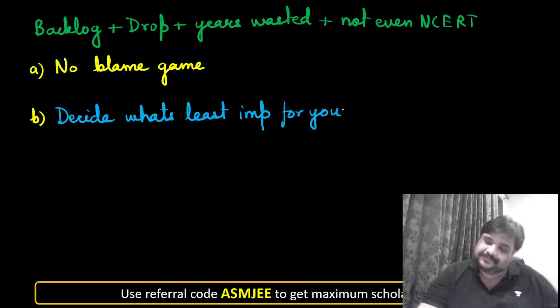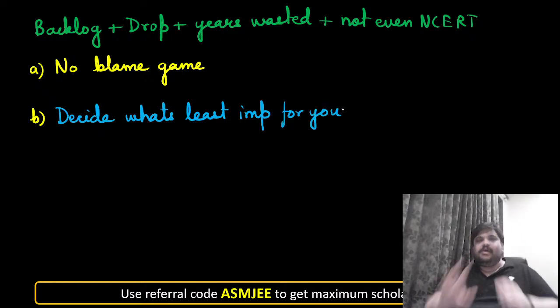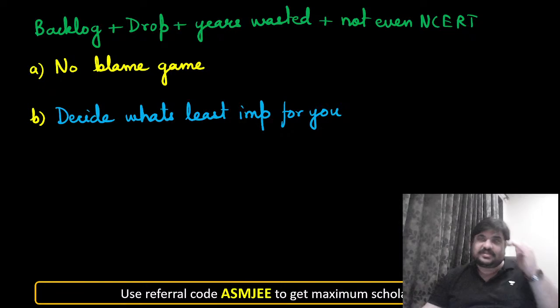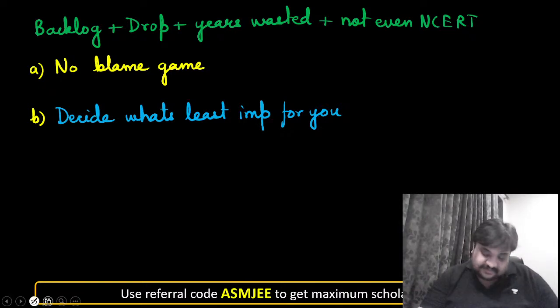For example, suppose you are not good with chemistry, and suppose in organic chemistry you are not able to solve, and it's very tough. You are not able to remember that, and it's very irritating for you. So you have to decide what things you want to leave.